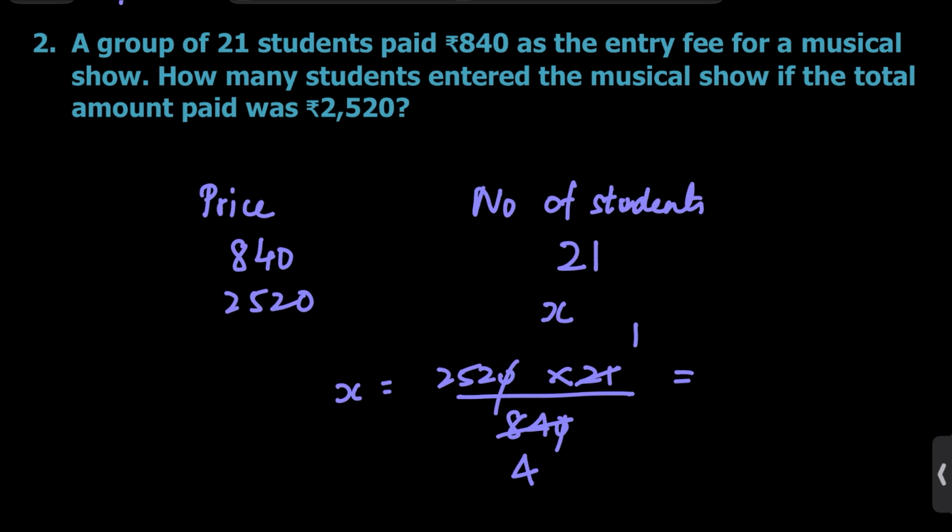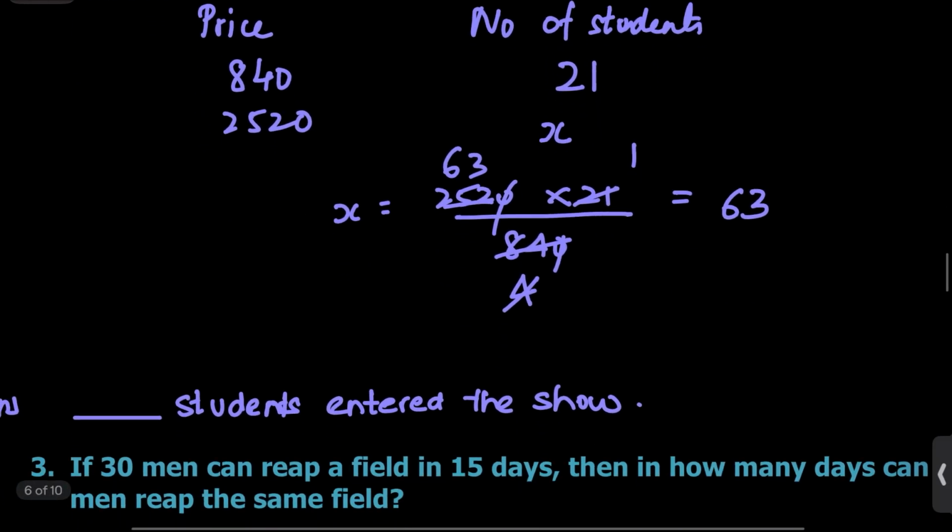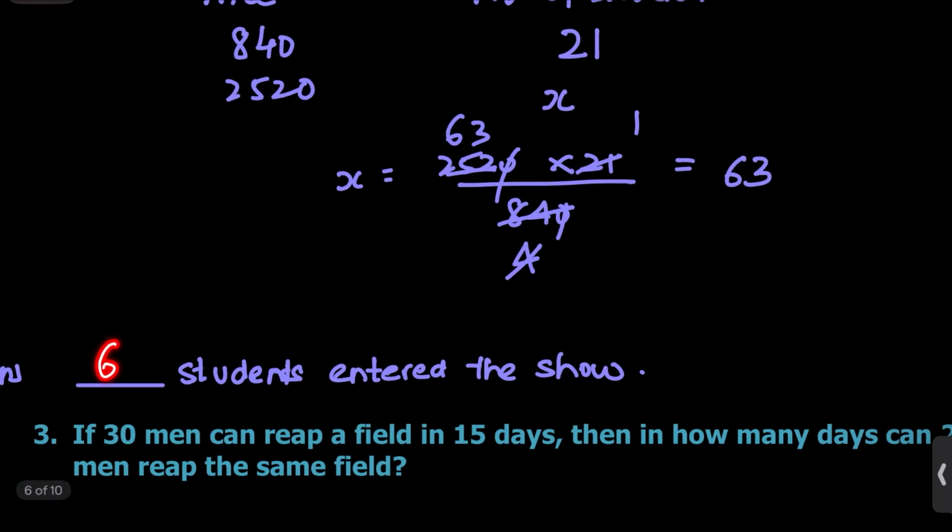Now 4 and 252 we have to cancel or divide. 4 ones are 4, 4 sixes are 24, 4 threes are 12. 63. So how many students can attend with this much money? 63 students can attend the musical show when you pay 2520. Here, the answer is going to be 63.